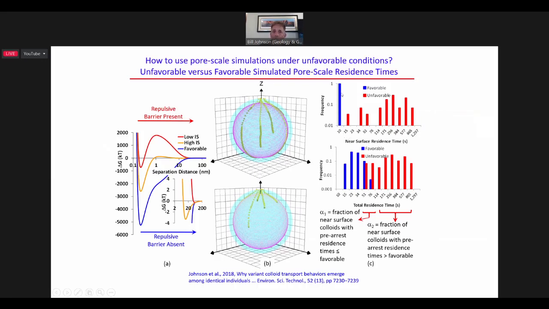Under favorable conditions, all attachment occurs within about 10 seconds of residence time in the near surface, or within about 100 seconds total residence time in the entire collector. Whereas under unfavorable conditions, the near surface residence times are much larger than those under favorable conditions. And the total residence times before attachment are much larger than most of those under favorable conditions, but there's overlap.